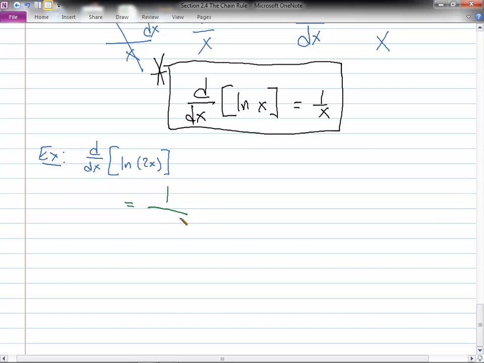In our case, the something is 2x, times the derivative of what's inside. Which is equal to what? One over x. Because the 2's cancel.